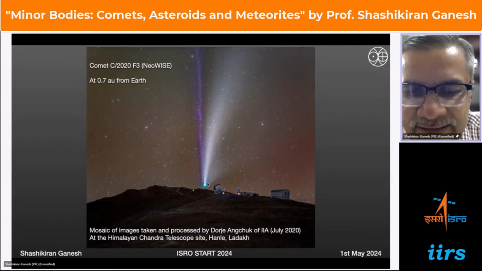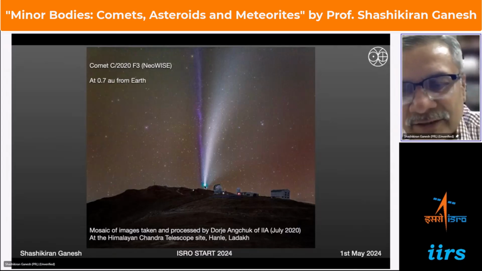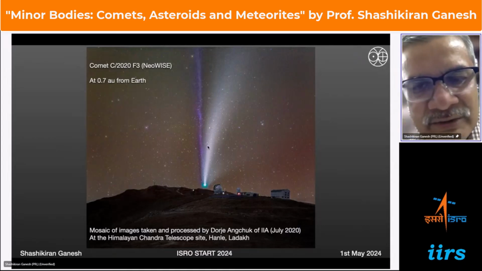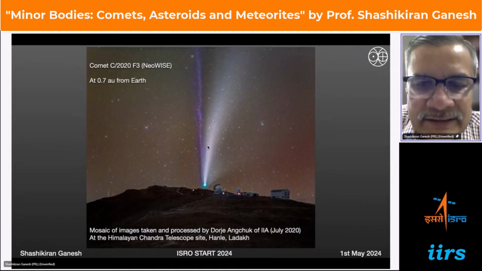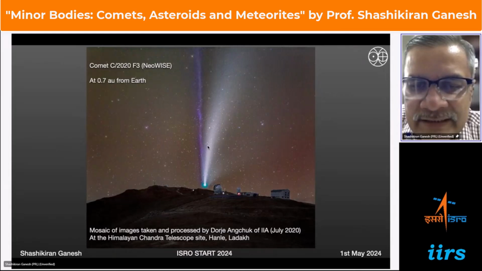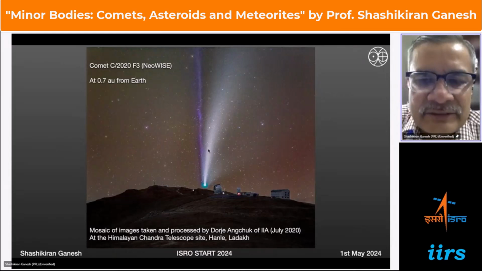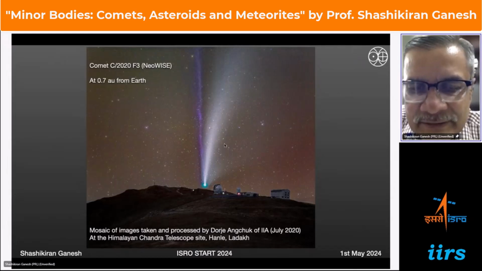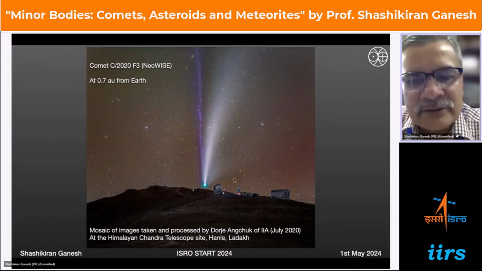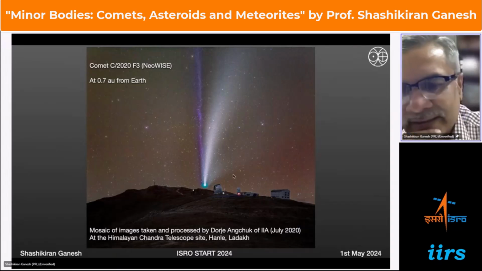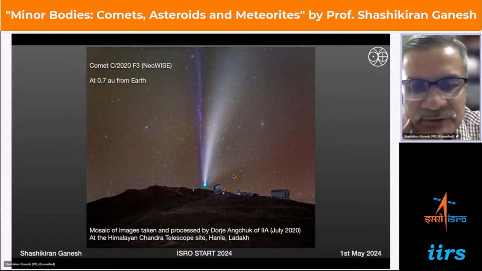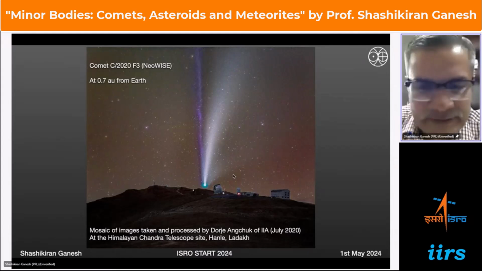Whereas the dust tail is ejected by the comet, and since it has some mass, it also continues to have some momentum in its orbit, and it also gets pushed away by the solar wind. That is why you see a curved behavior here. Further changes in geometry, like the viewing angle of the orbital plane, will matter in terms of showing us different facets of this.